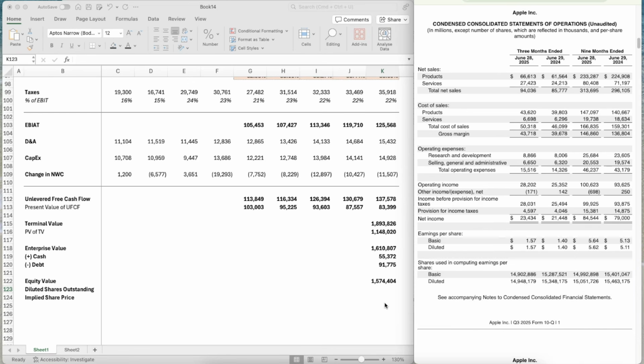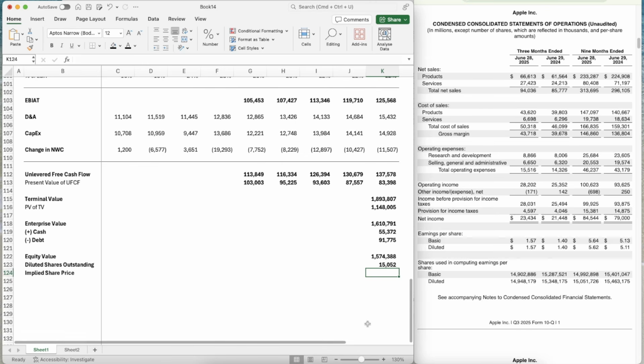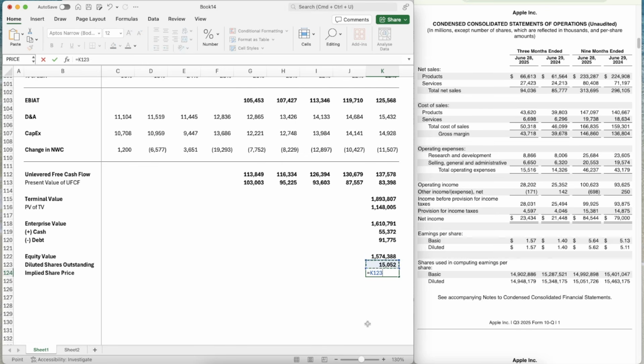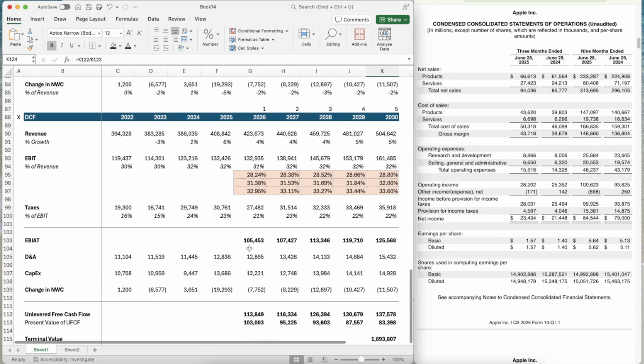So diluted shares outstanding equals 15,051.726. That is reducing, so that's quite good. And the implied share price is $105.